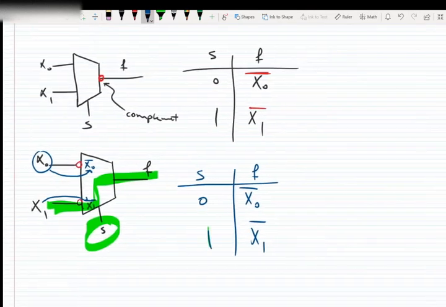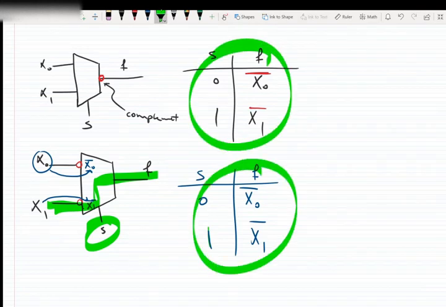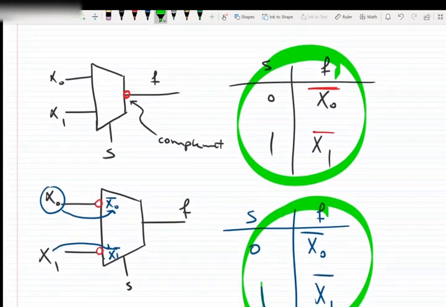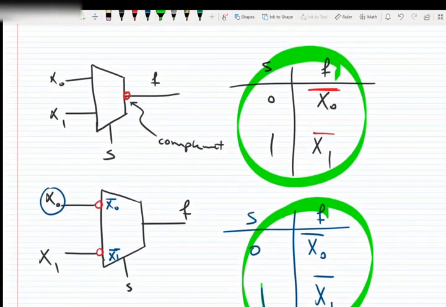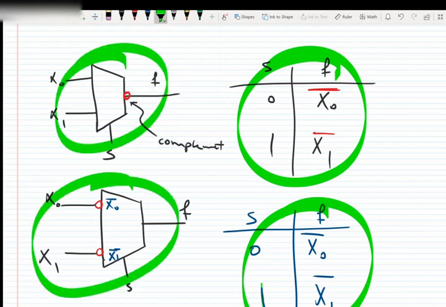And if we compare these two, we see that they were exactly the same. So both of these circuits do the same thing. So this circuit is exactly equivalent to this circuit.